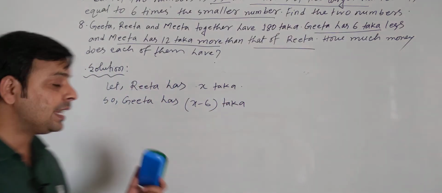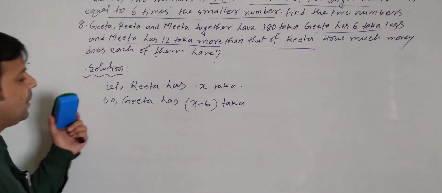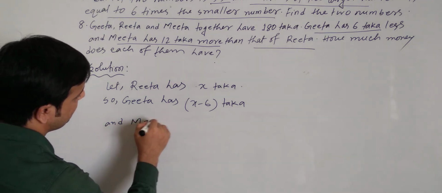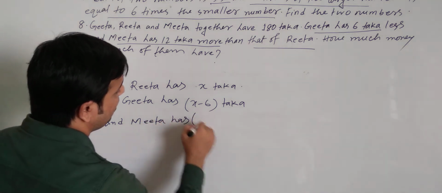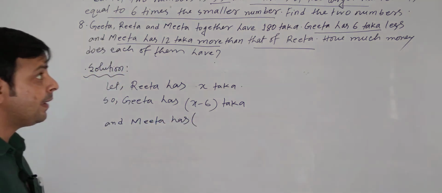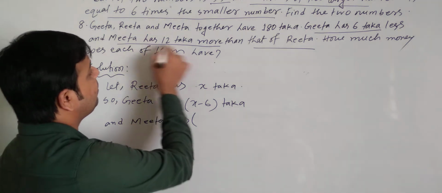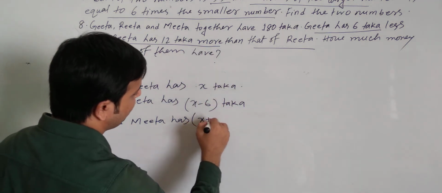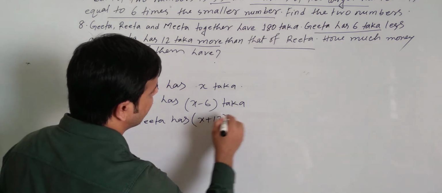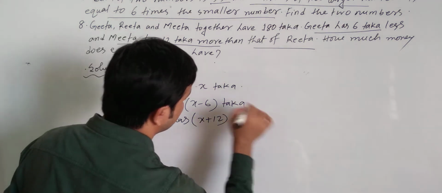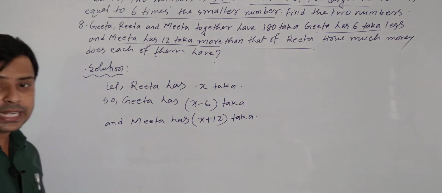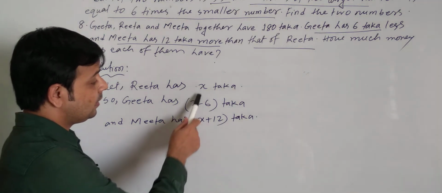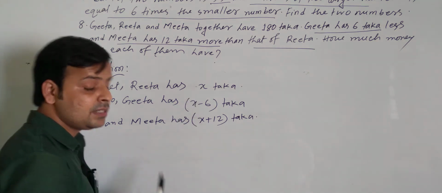And then we can find the money of Mita. Mita has 12 taka more than that of Rita. It means that if we add 12 with x, we will get the money of Mita. Okay dear students, now see, these are the money of 3 persons.